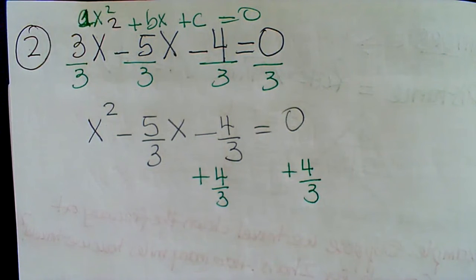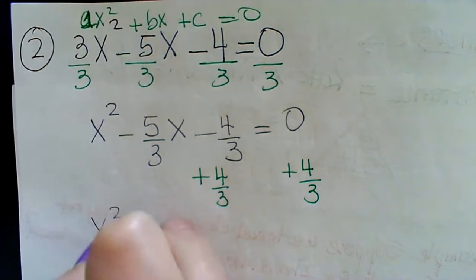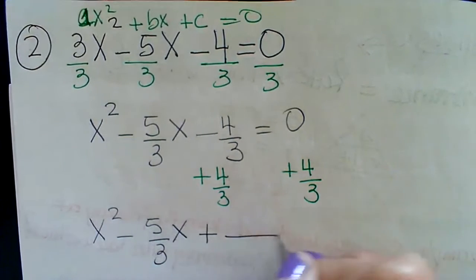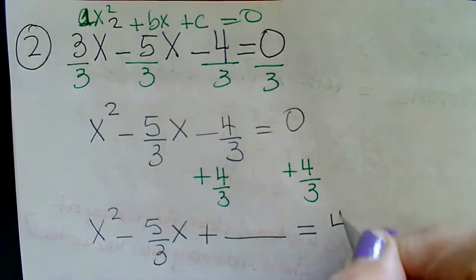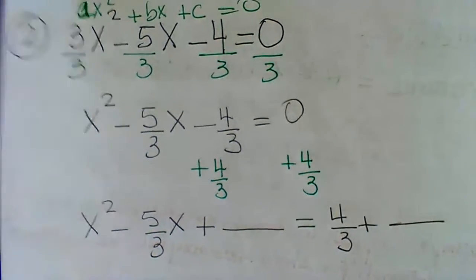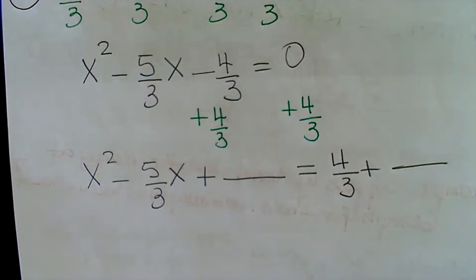Because what I need to do is move the constant to the opposite side of the equation. I just did it there. So I have x squared, and I'm just leaving the spaces that I know I'm going to need.